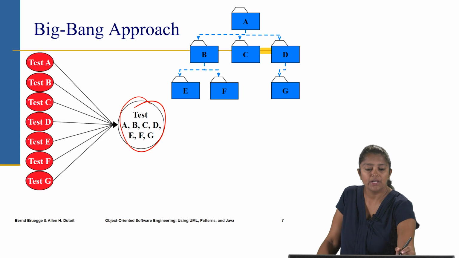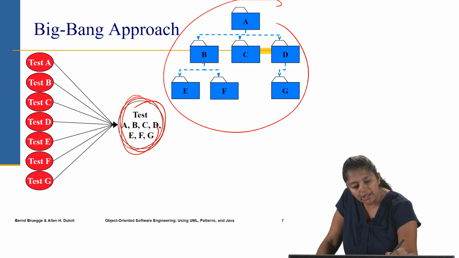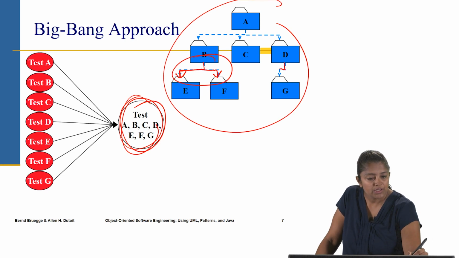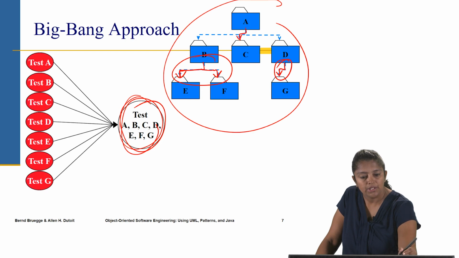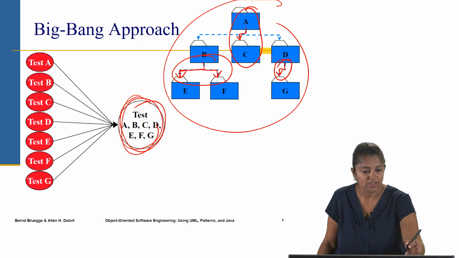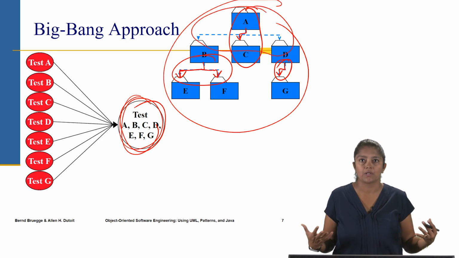If you look closely at this diagram, because we tested the individual units and then just put the whole thing together and tested the overall system, the individual integration of B, E and F did not get tested. The individual integration of D and G did not get tested. And the interaction between A and C is not getting tested. The integration between A, B, C and D is not getting tested.